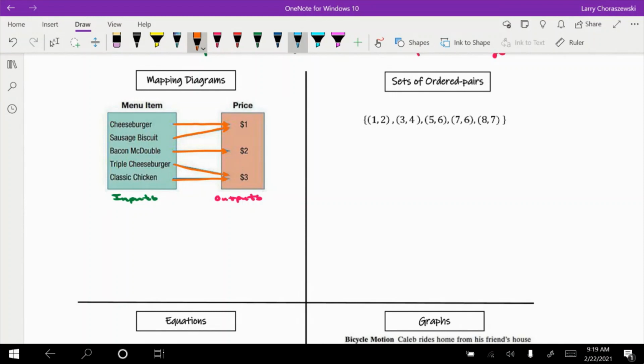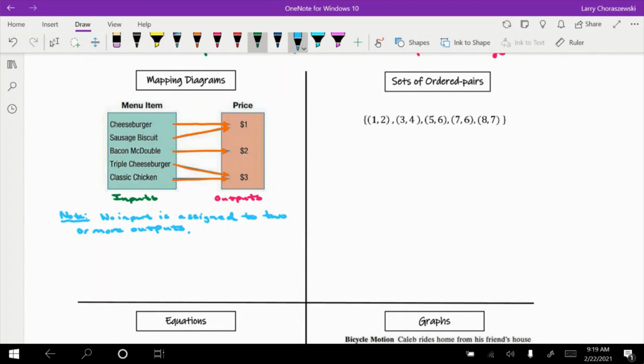So I want to make a note on that. Based on this mapping diagram, no input is assigned to 2 or more outputs.